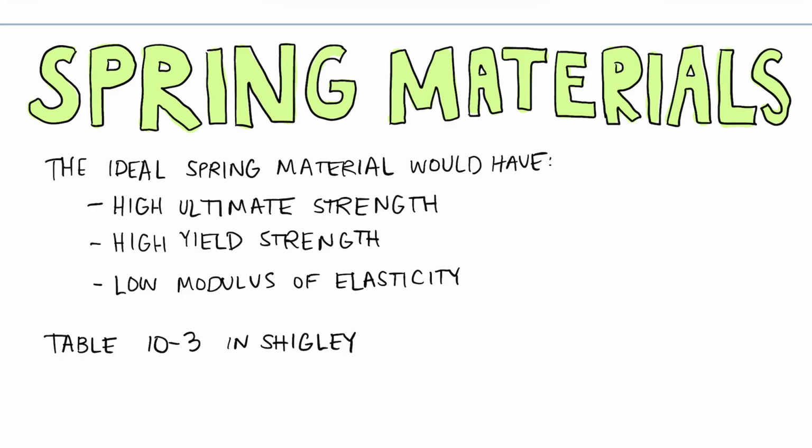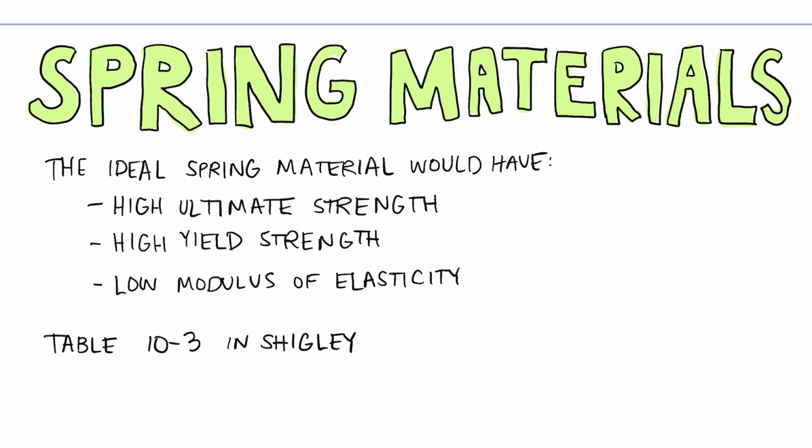There's music wire, which is the toughest, most widely used spring material for small springs. It also talks about oil-tempered wire, hard-drawn wire being probably the cheapest spring steel. In any case, you can take a look at all of those in Table 10-3 in your textbook.